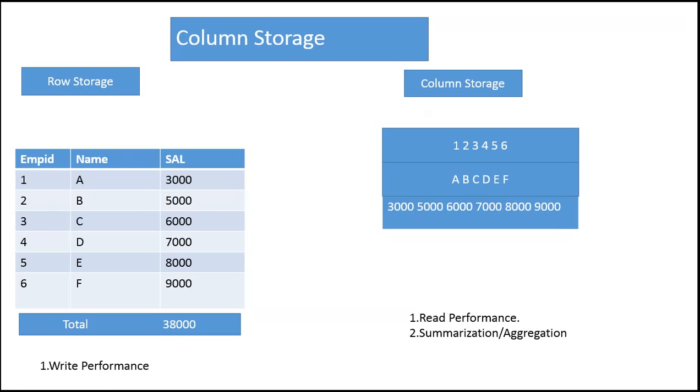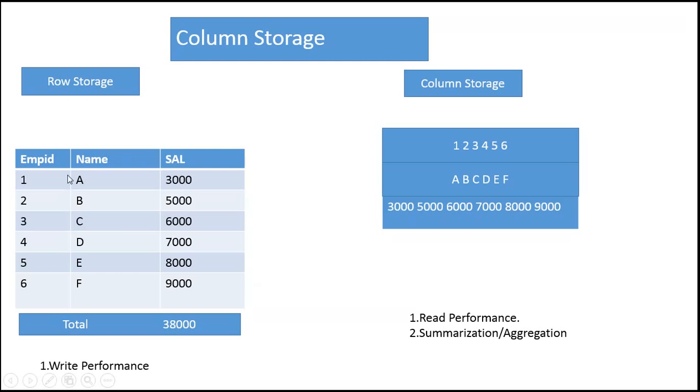Next, when should you go for row storage and when should you go for column storage? Suppose I want to insert one record in my row storage and in my column storage, which one is better?